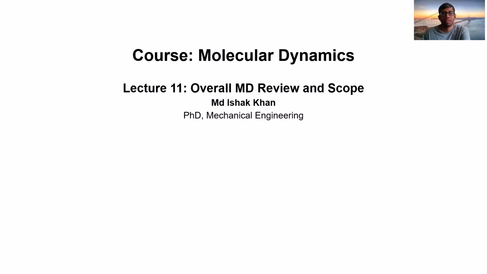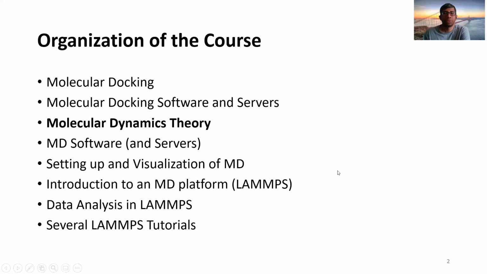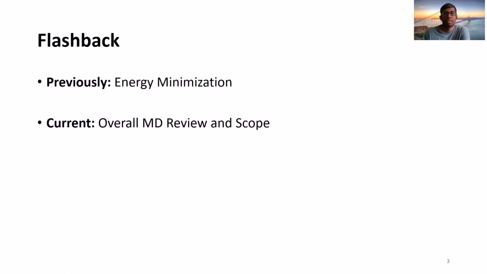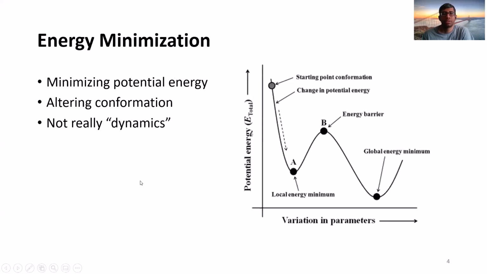Hello and welcome to the 11th lecture, overall MD review and scope. So we have been discussing molecular dynamics theory for the previous several lectures, and in the immediately earlier lecture, we discussed energy minimization, and in this lecture, we will just get a review of MD and its scope.